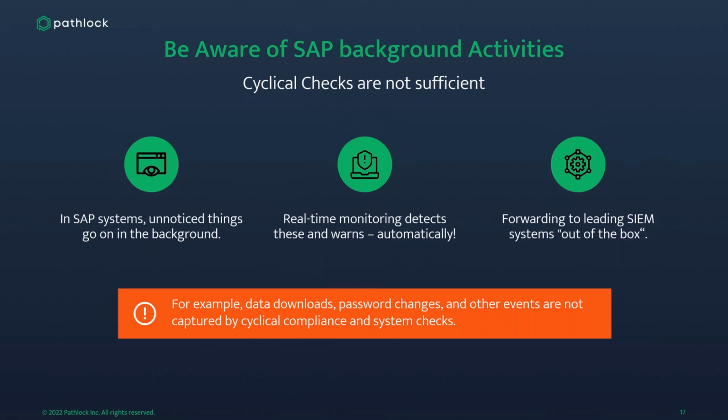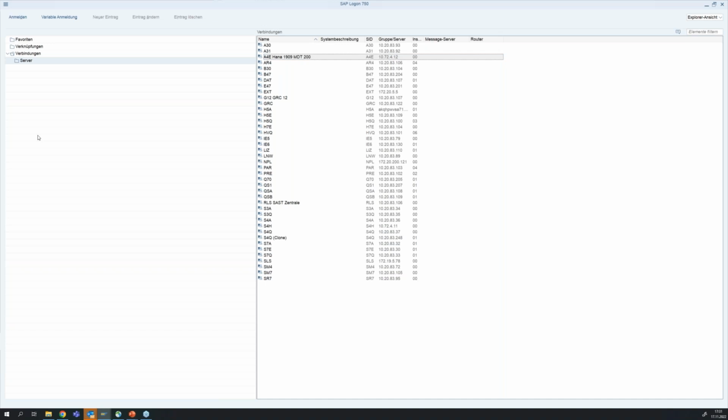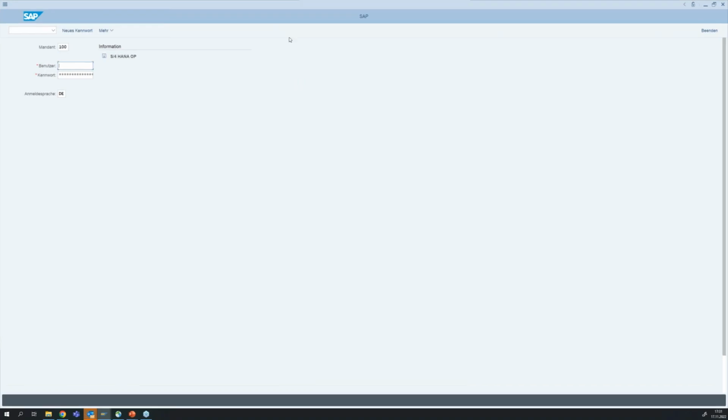I will show you a small example of how we can protect data downloads. And there are other things like password changes that we can capture as well. But let's go to the system and have another small demonstration part. I will quickly log in on the SAP system with my user.